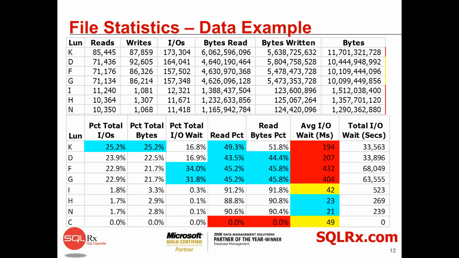Because clearly we've got some LUNs that are getting hit around 9 to 10 times harder than the others. Maybe there's room in the other ones to move to them.